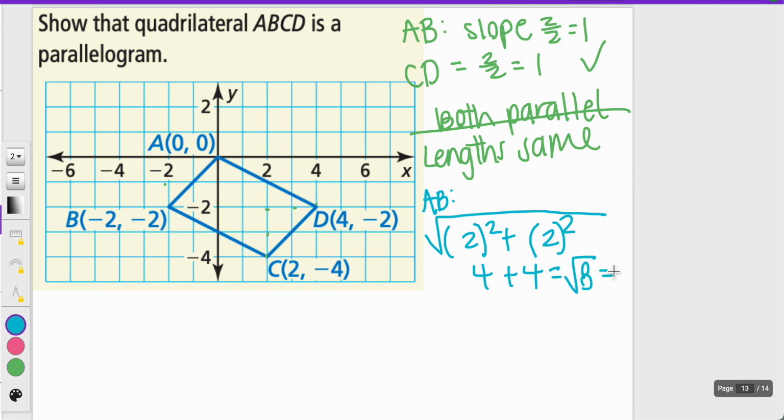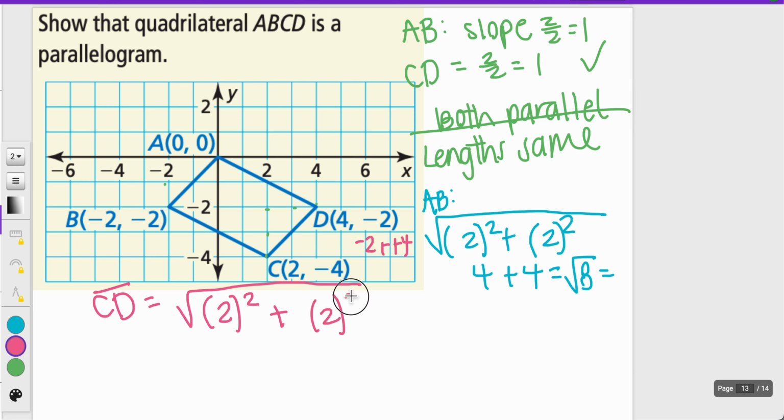If you wanted to find the decimal of that, but I'm going to leave it in square root form first to see if that matches. Then I'm going to find the length of CD. So I have my x2 minus x1. I'm just going to do 4 minus 2, which is 2. And then my y's, negative 2 minus negative 4, which will still give me 2. And I'm still ending up with the same square root of 8.